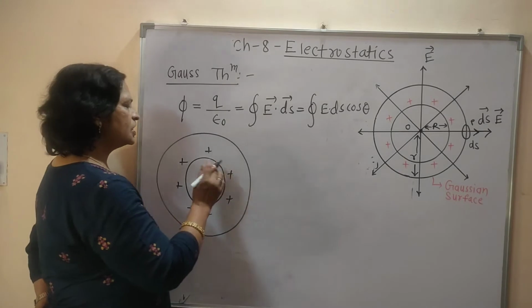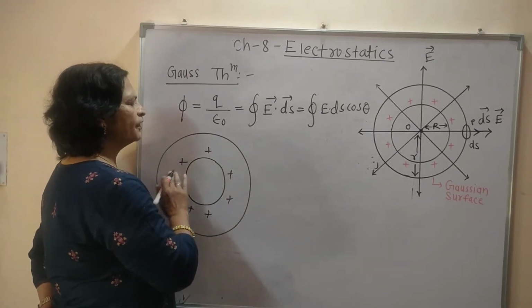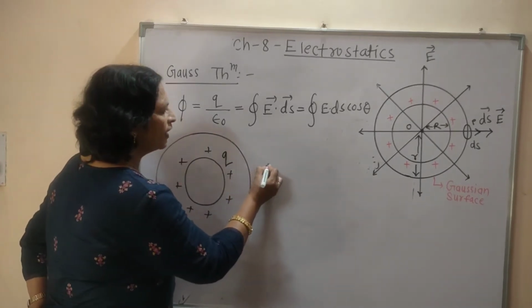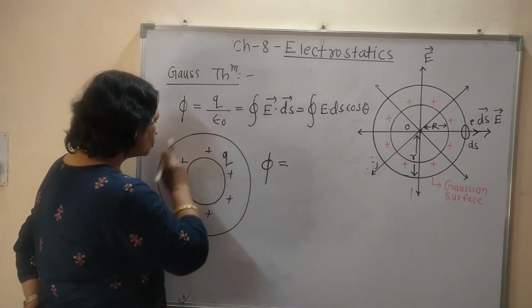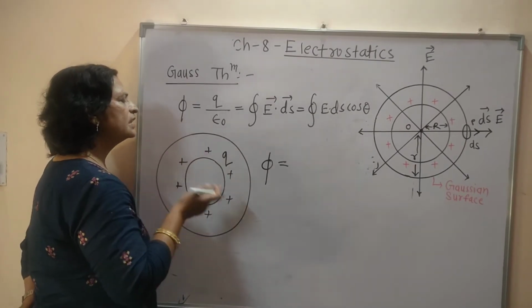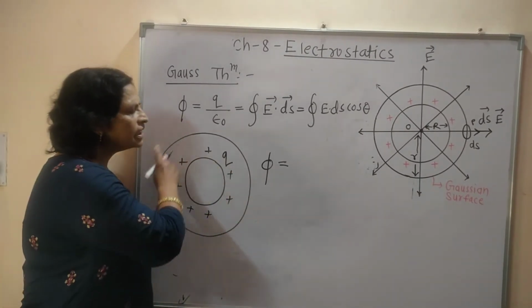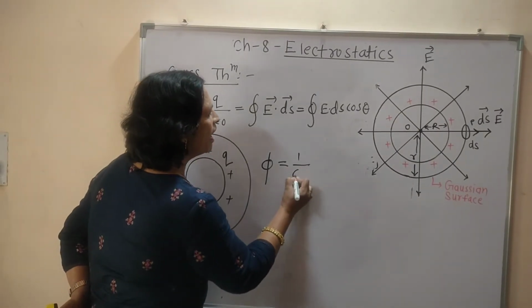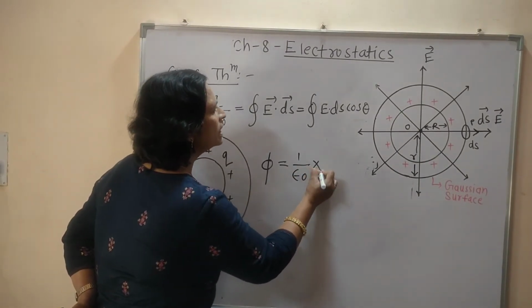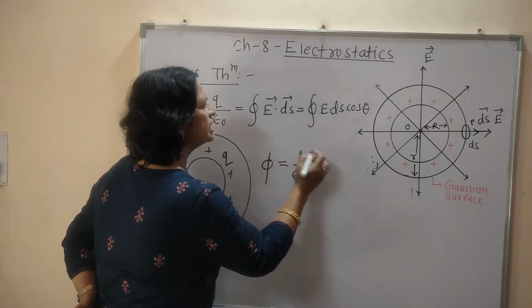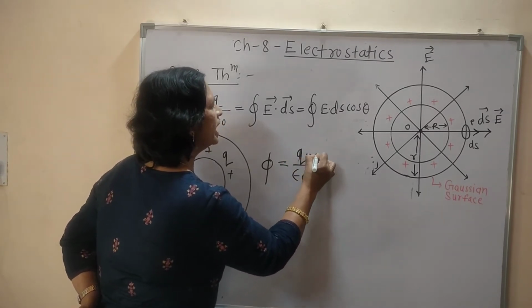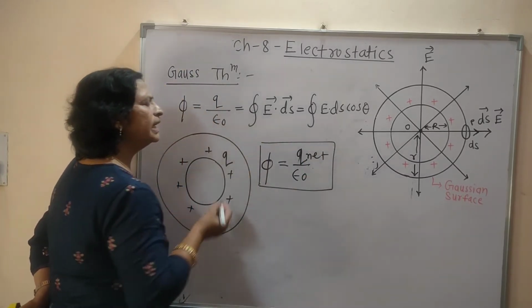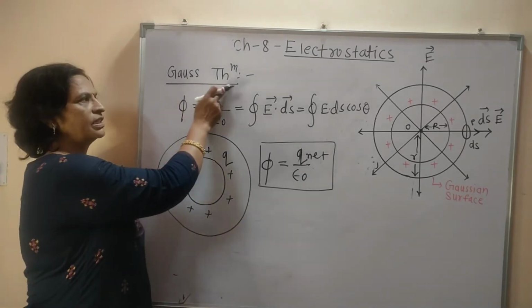Now, the net charge enclosed by this Gaussian surface is Q. Then the electric flux over this closed surface, the Gaussian surface, is 1 by epsilon naught times the net charge, Q net divided by epsilon naught. That is the mathematical statement of the Gauss theorem.